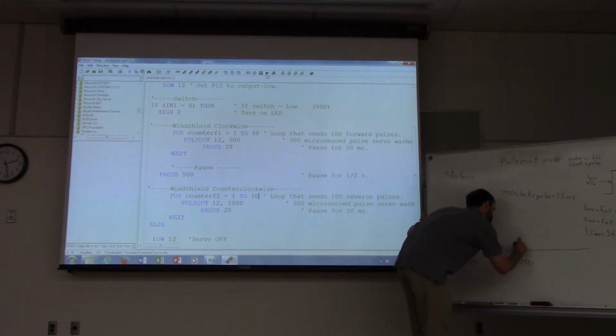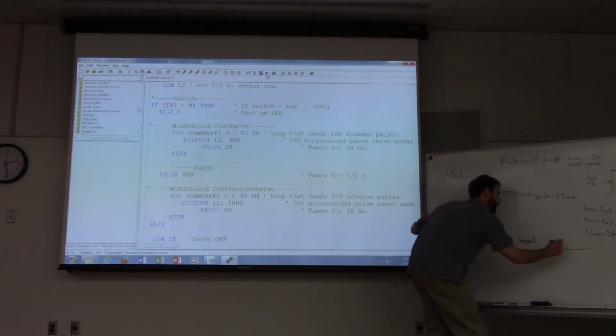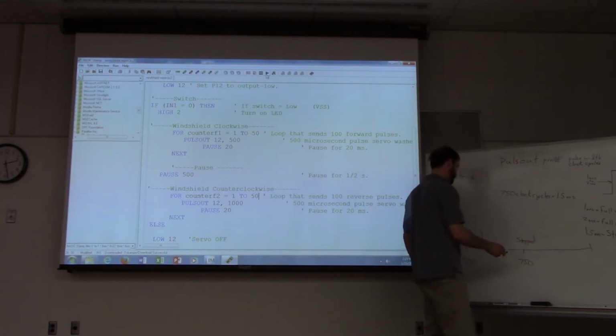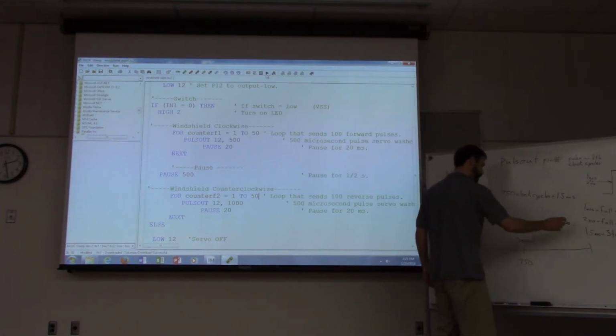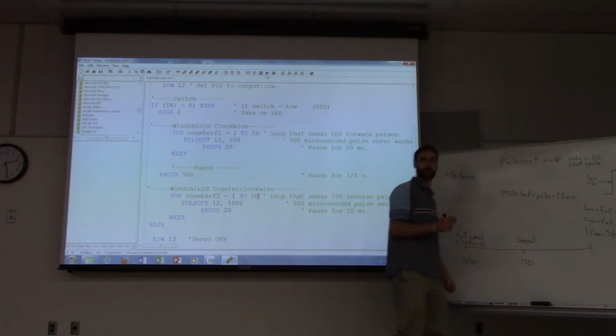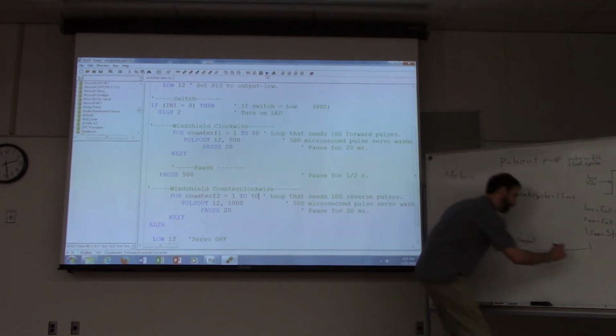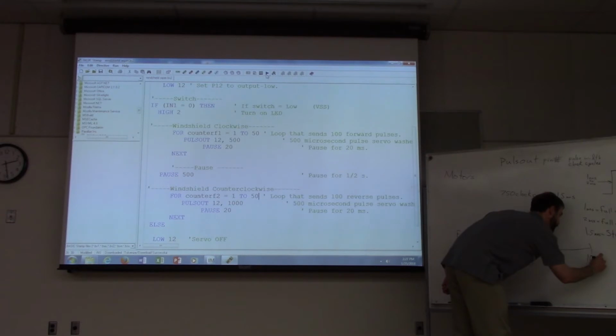This is stopped. And over at the other side, how many clock cycles would we have for full speed the other way? 1,000. So we'll call this full speed counterclockwise.